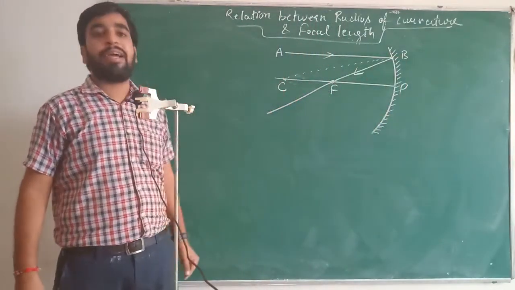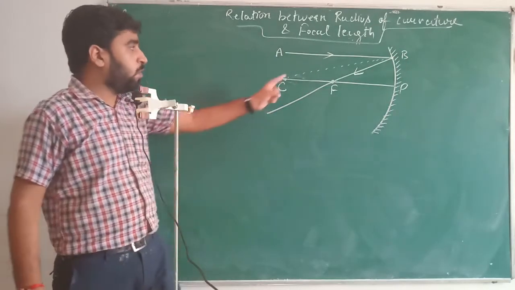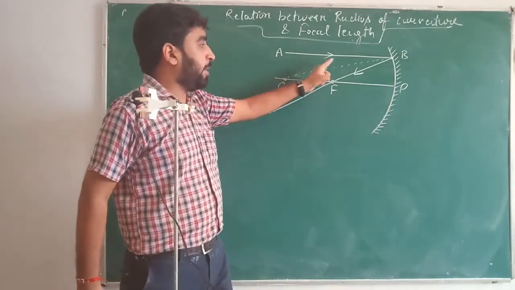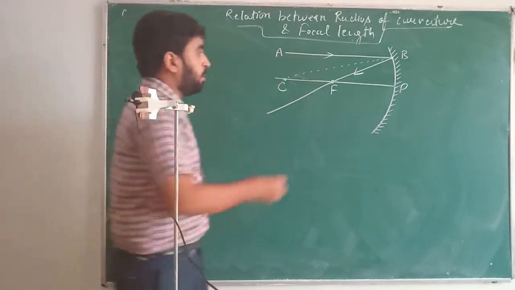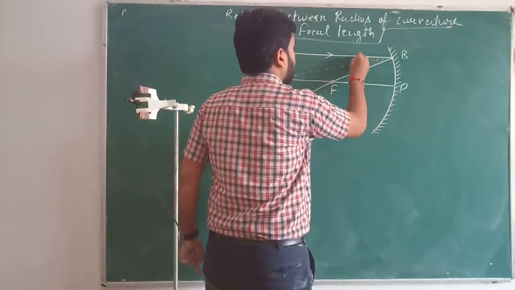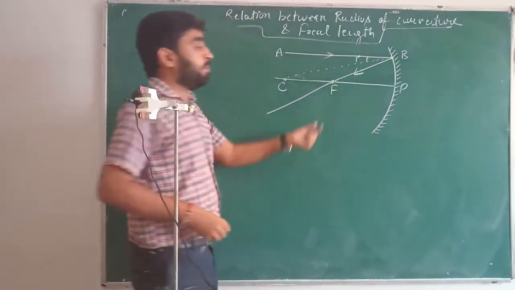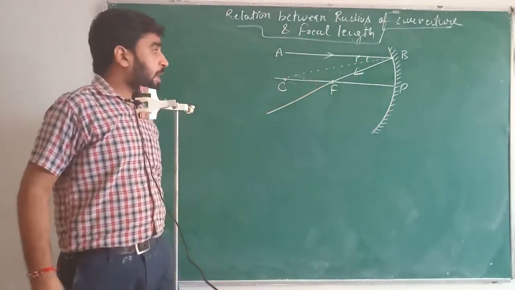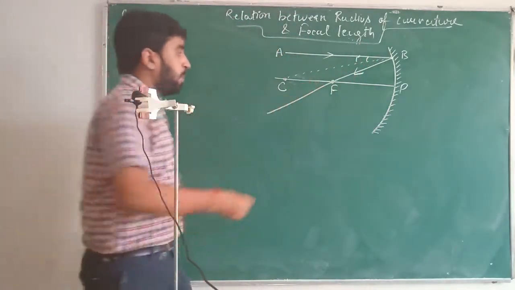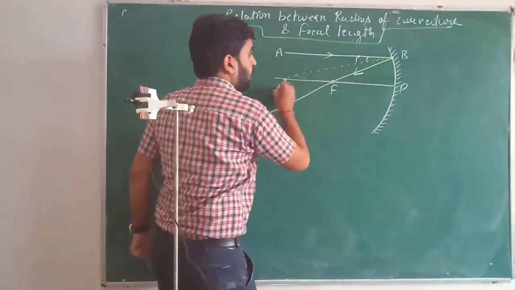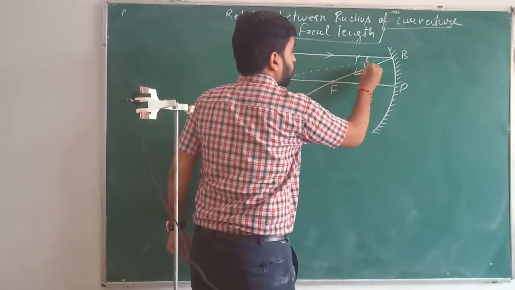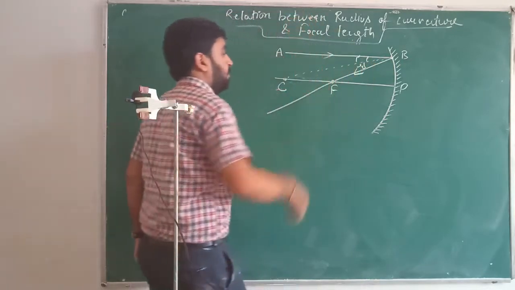Now where will be the angle of incidence? You all know that this is the incident ray and this is the normal. The angle between the incident ray and the normal, that is the angle of incidence. So here is the angle of incidence. And the angle of reflection will be, the normal is here, and this is the reflected ray, so this is going to be the angle of reflection.